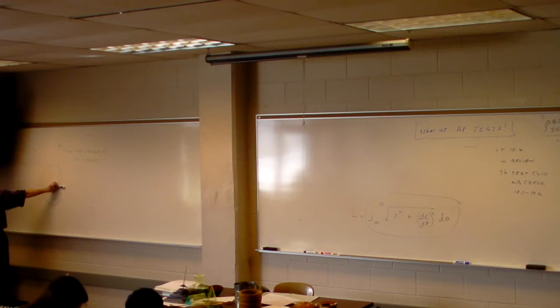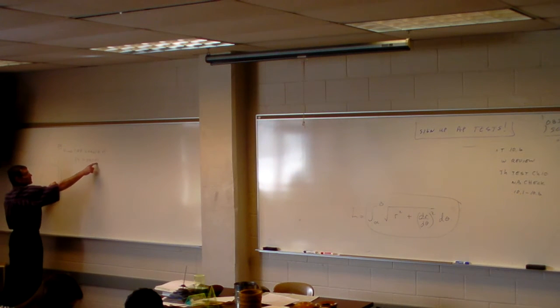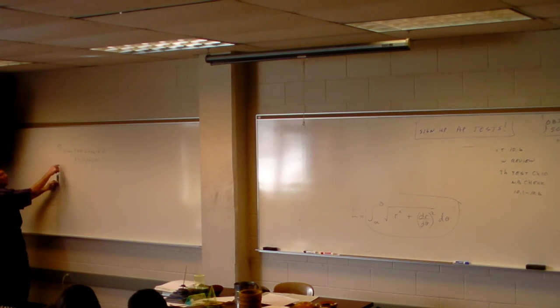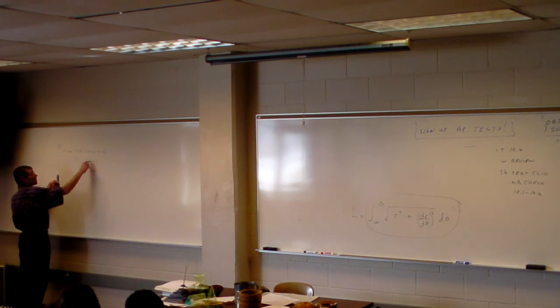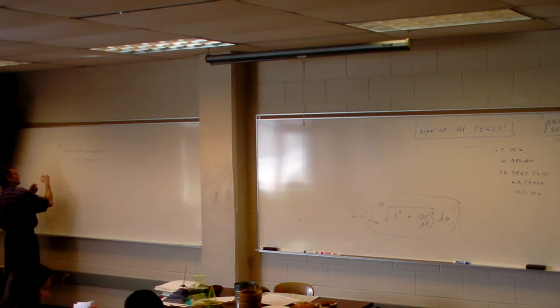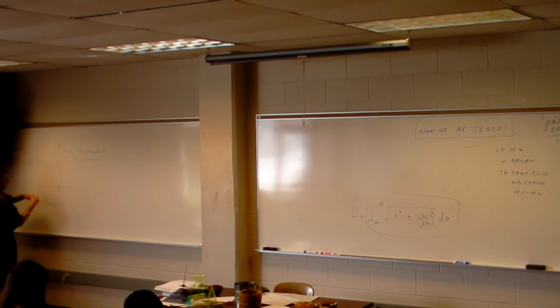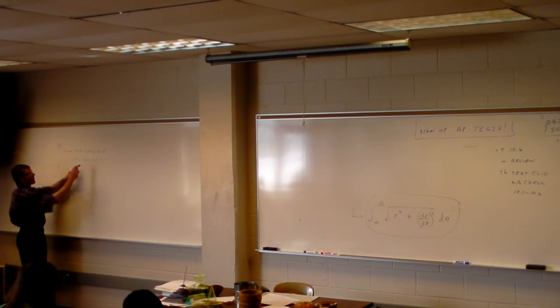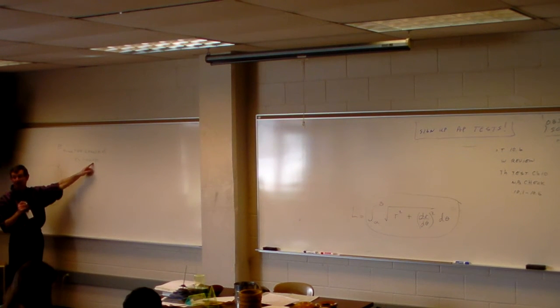So when the angle is 0, put a 0 in here, the radius or the length is 0, that's why it starts there. When the angle gets up to pi over 2, cosine of pi over 2 is 0, so the r is now 1. When the angle gets to pi, you put a pi in there, it's 1 minus a negative 1.